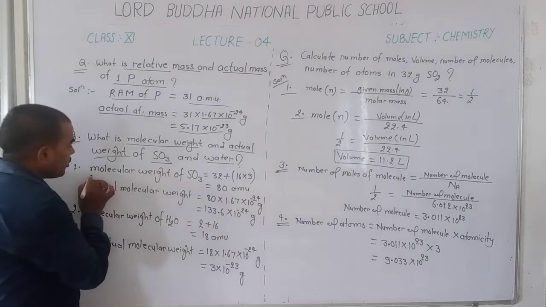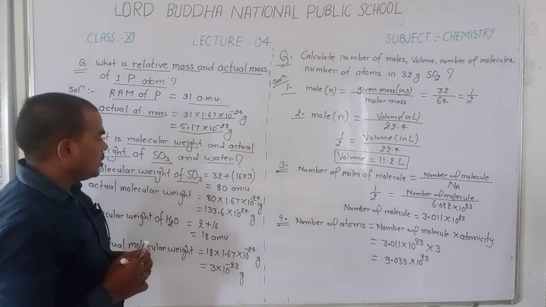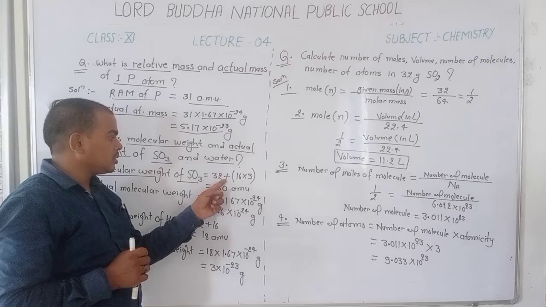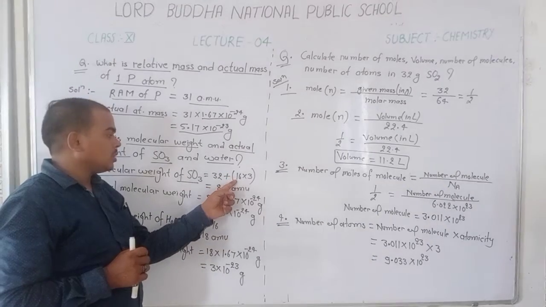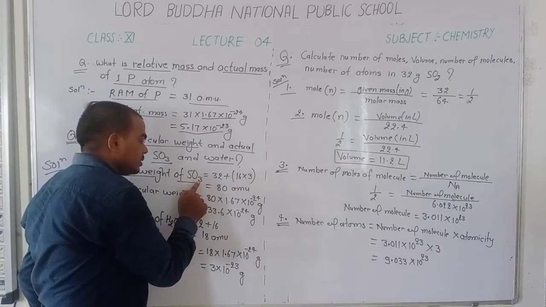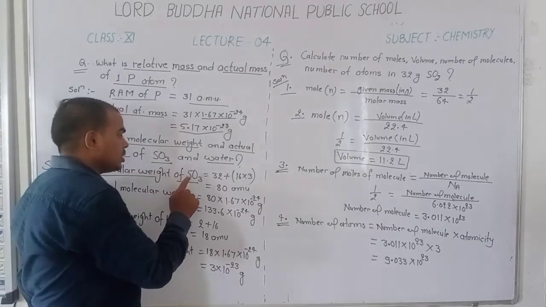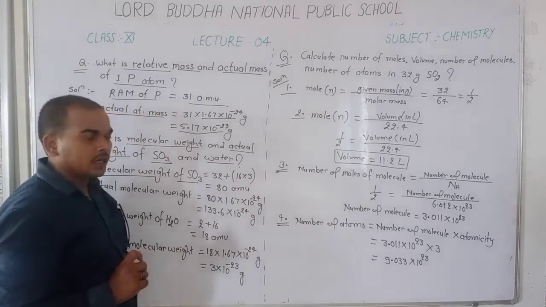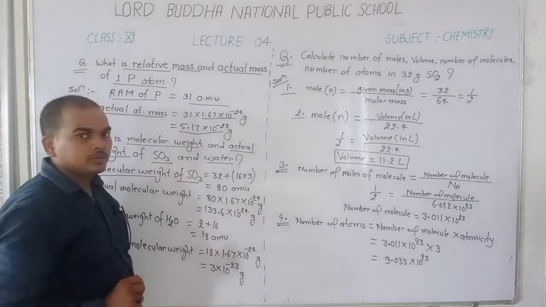The molecular weight of sulfur trioxide is equal to the weight of sulfur plus the weight of oxygen into 3, because the number of oxygen atoms here is 3 and the number of sulfur atoms is 1. That means 32 plus 16 into 3, the total mass is 80 AMU.